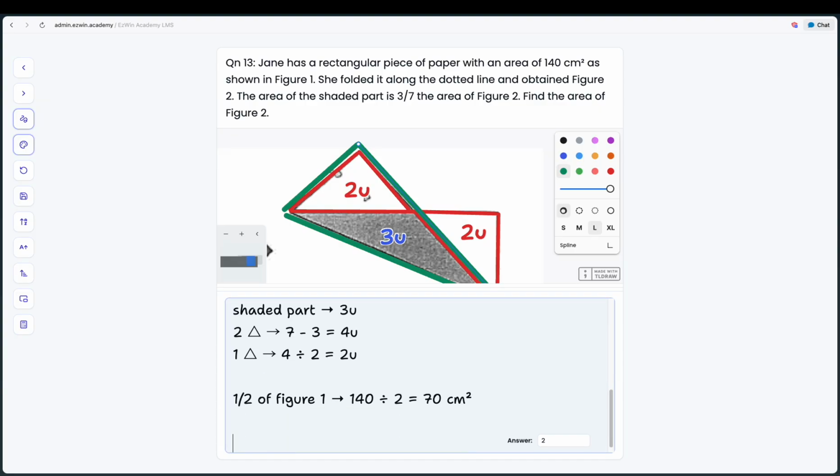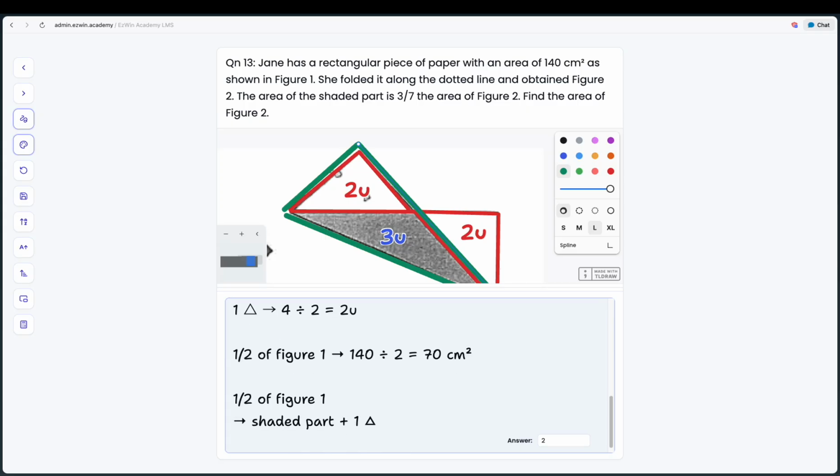So half of figure 1 is equal to the shaded part plus 1 unshaded triangle, which is 2 plus 3, which is 5 units.